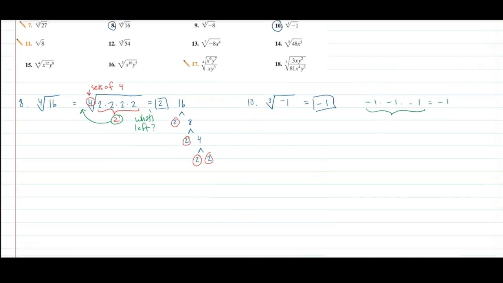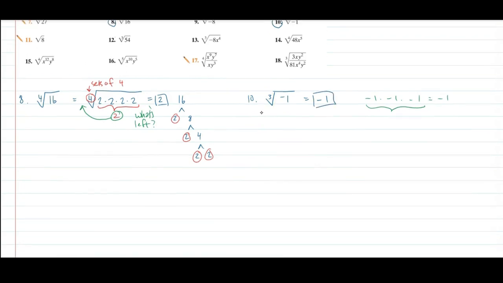All right, let's take a look at number 12. Number 12 says, find the third root of 54. Okay, very good. Let's go ahead and try this one, inshallah. The third root of 54, there are 2 ways to go through this.